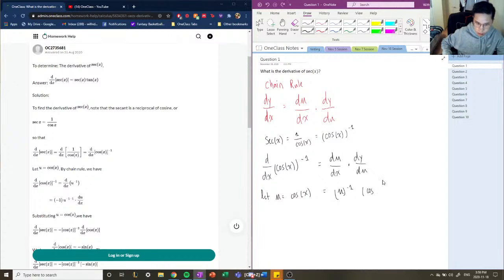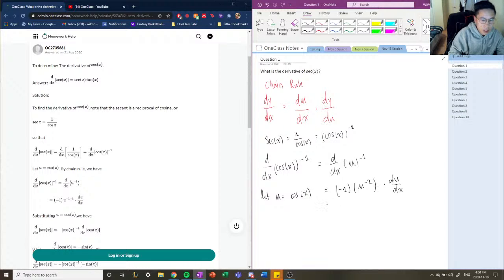Sorry, give me a second. So we're just going to sub u in. We'll get d/dx of u to the power of -1. If we use our power rule here, the power rule suggests that we take the exponent down, and then we subtract the power by 1. So we get -1 times u to the power of -2 times du over dx.